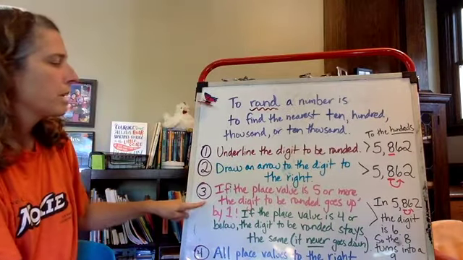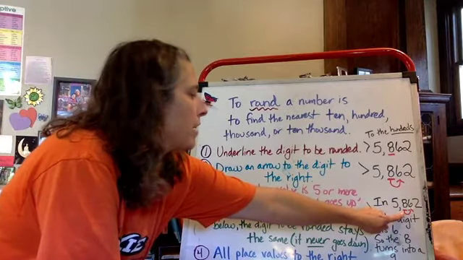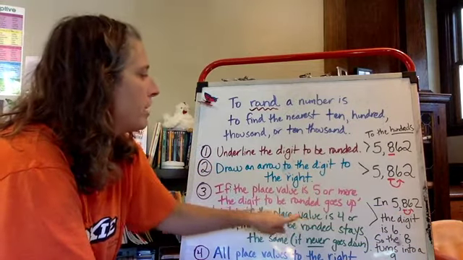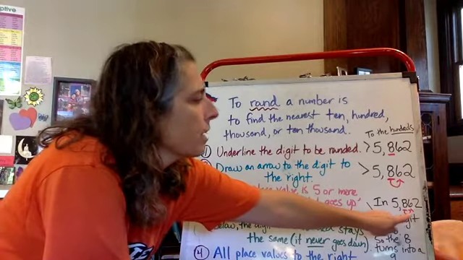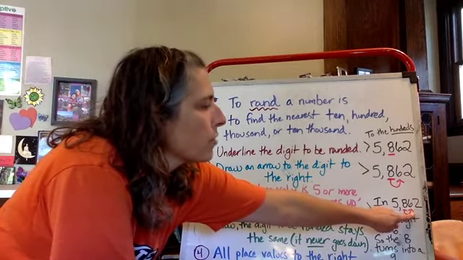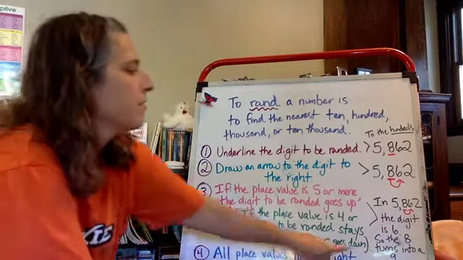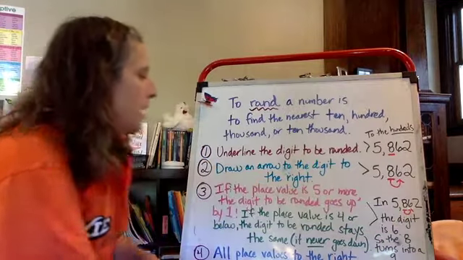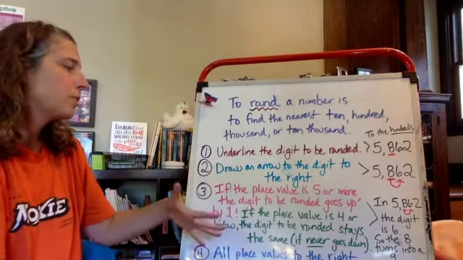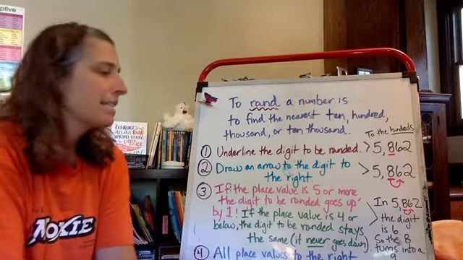So number 3 is if the place value to the right of the one you're rounding is 5 or more, the digit to be rounded goes up by 1. I can see right here that the place value to the right is a 6. So that means that this 8 that we're rounding is going to turn into a 9. However, if the place value is a 4 or below, the digit to be rounded stays the same.